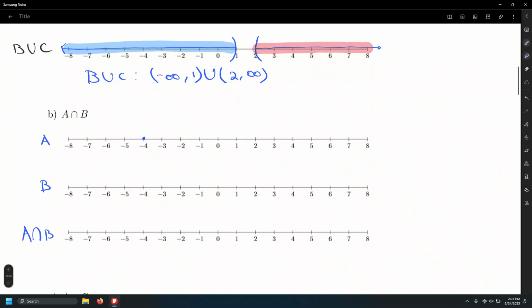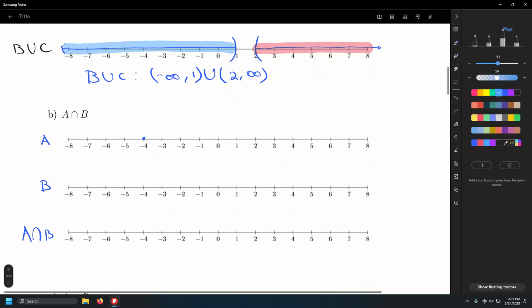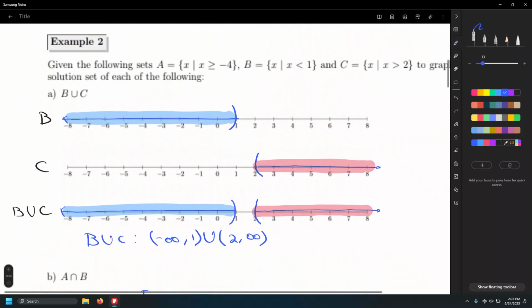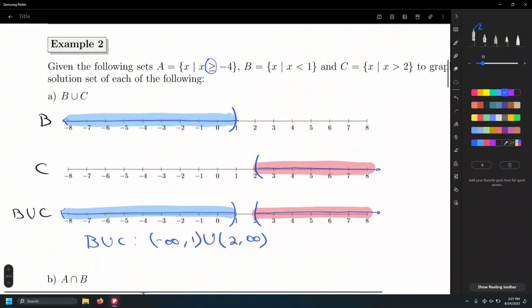All right? However, instead of parentheses like we did before, we're going to use brackets. Right? We're going to use brackets because this set A, right here, has the greater than or equal. Okay?